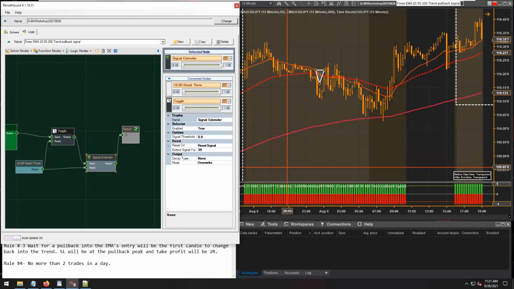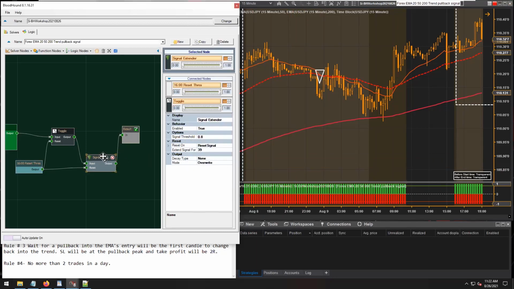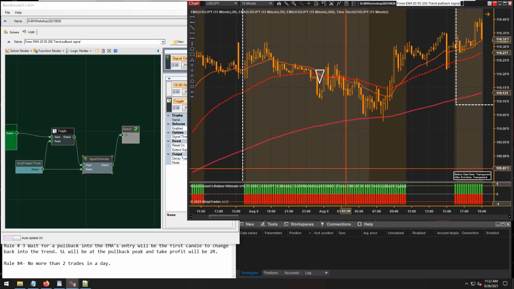But that's not working out because when this crossover occurs, what the signal extender is doing is taking that invalidating situation, and that's when the signal extending is occurring.